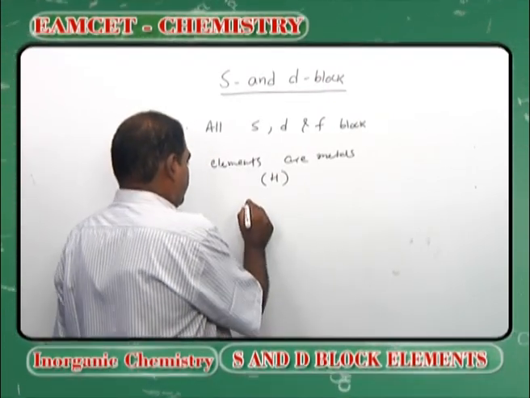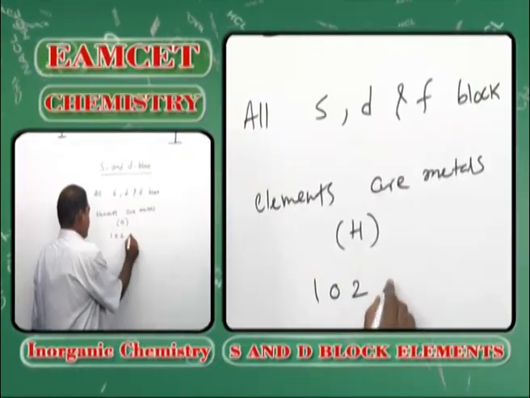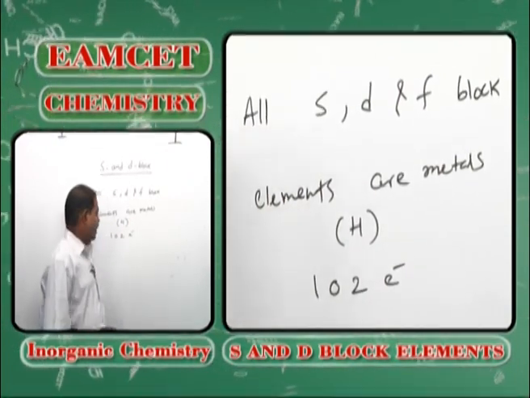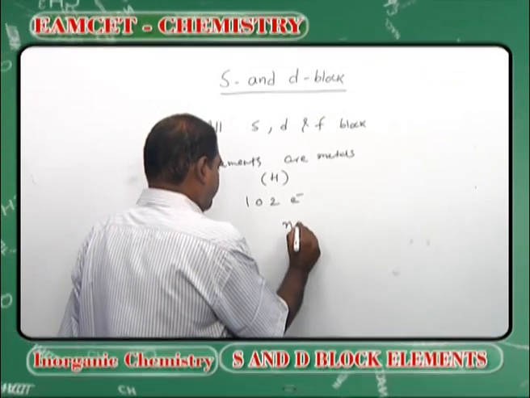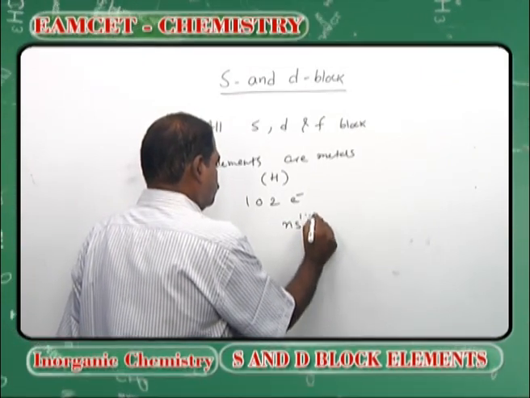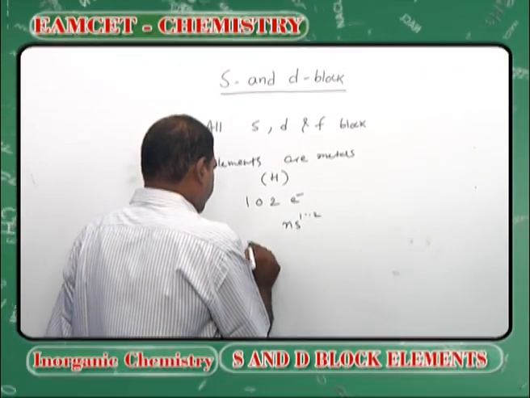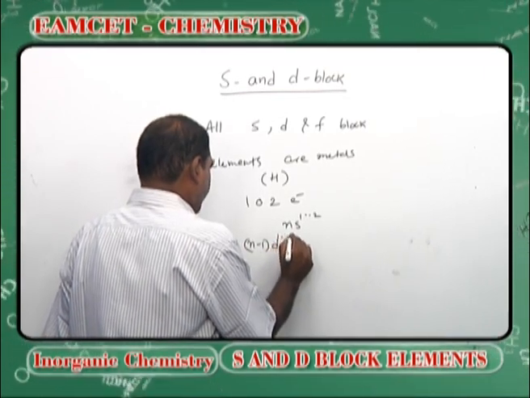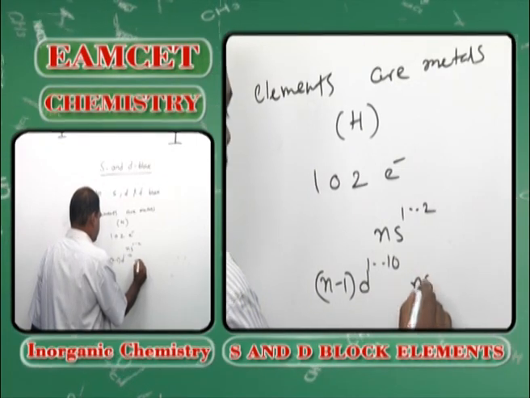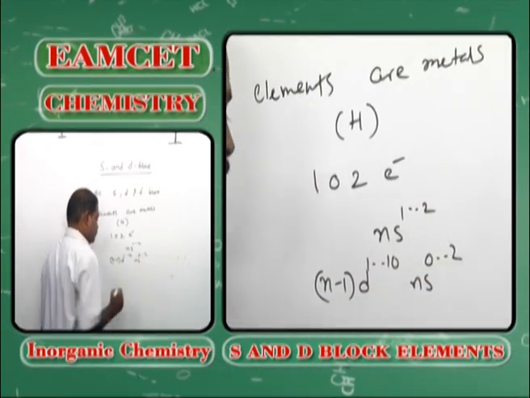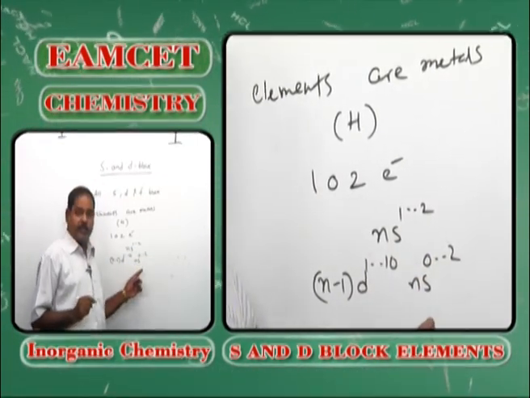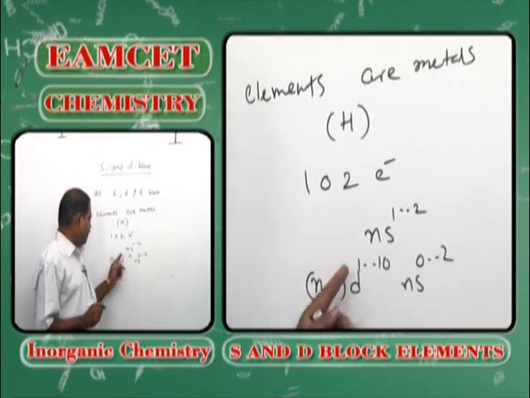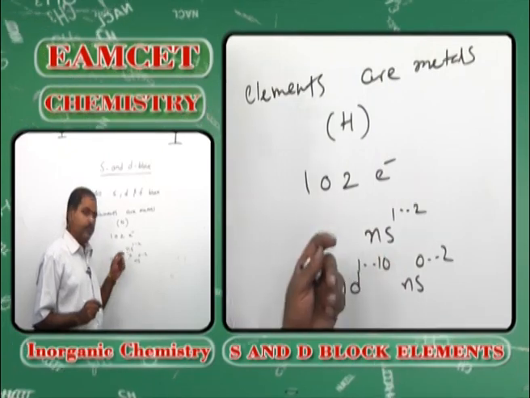All of them have one or two electrons only in their outermost shell. If you look at S block elements, their electronic configuration is ns1-2, and for D block elements it is (n-1)d1 to 10 and ns sometimes 0 to 2. There are one or two elements with ns0 also. Palladium, for that matter, is 4d10 5s0.